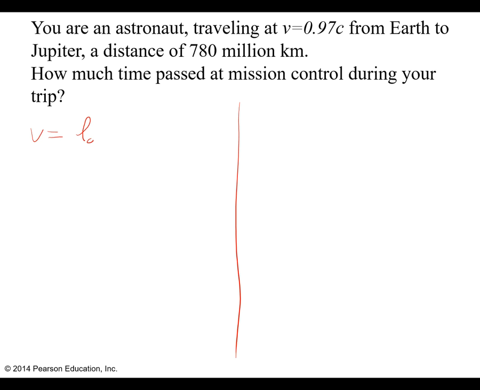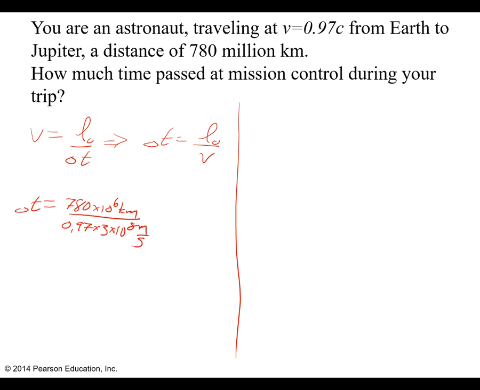You are now in a reference frame outside of the moving object, the spaceship, and so we're dealing with relativistic time. Okay, so that means that the amount of time that passes would be the proper length divided by the velocity. The proper length given in the problem is 780 million kilometers divided by the velocity, which is 0.97 times 3 times 10 to the 8th meters per second.